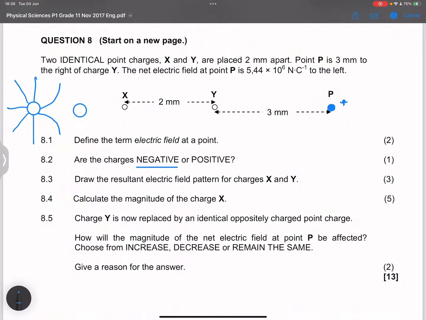Now please remember, because we're dealing with negative charge, we know that the field lines would be moving towards the point charge, towards the center, and that would be the same also for the other point charge as well.